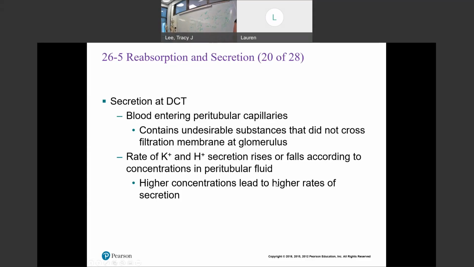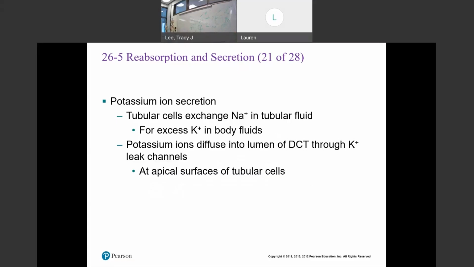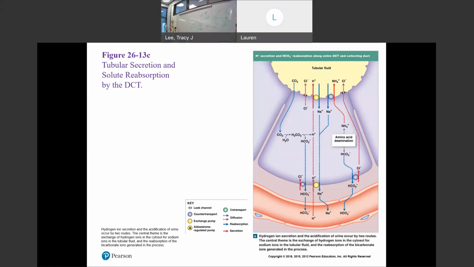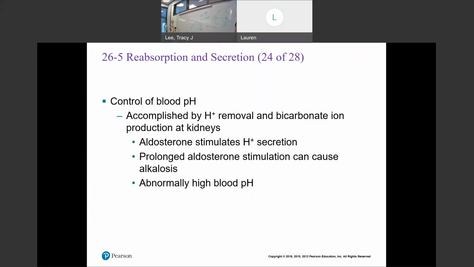So if we have higher concentrations, we put more into it. So if our body was getting a little bit acidic, we would take hydrogen from here and it would go into the distal convoluted tubules, just down the concentration gradients. All right. That's all I want you to know about that.